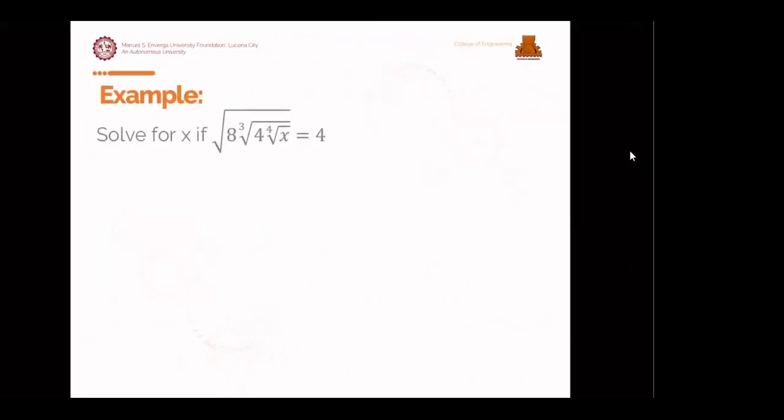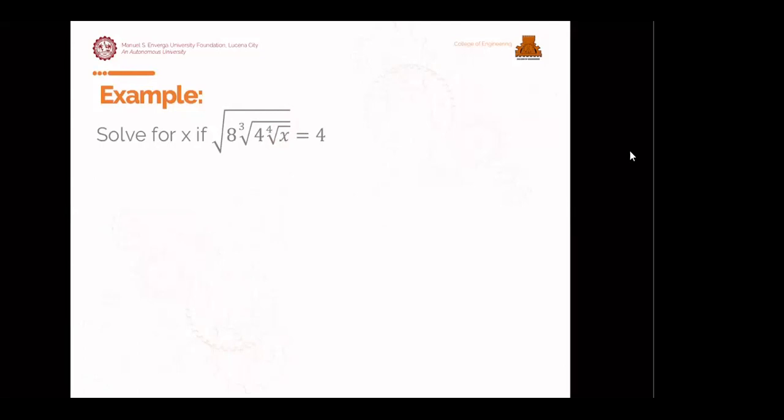So, let's try. Solve daw natin yung value ng x if we are given this. So, in solving radical sign, what we can do is to eliminate yung radical, kasi kailangan natin palabasin si x. Si x is nasa innermost na position ng radical sign. So, what we can do is to manipulate yung radical sign or eliminate yung radical sign by raising it by a number para mag-cancel out siya, no?